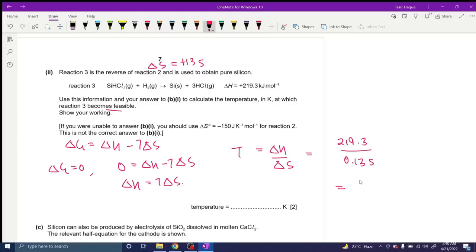219.3 divided by 0.135. I'm getting a value of 1.62 Kelvin. Wait, did I mess up? Yeah, I did. Sorry. 219.3 divided by 0.135. I'm getting a value of 1624.44.